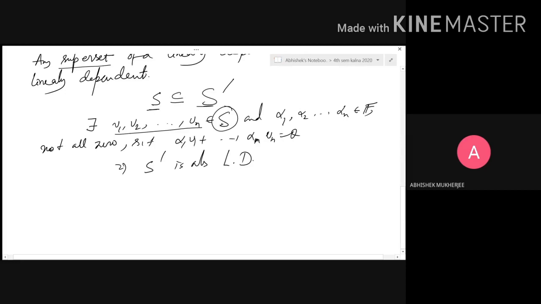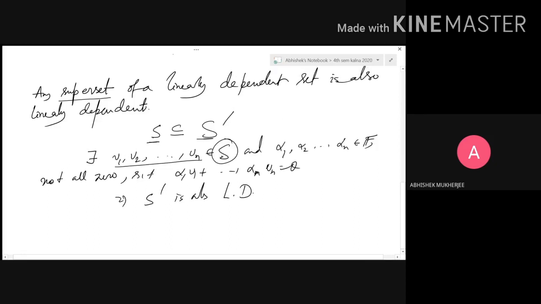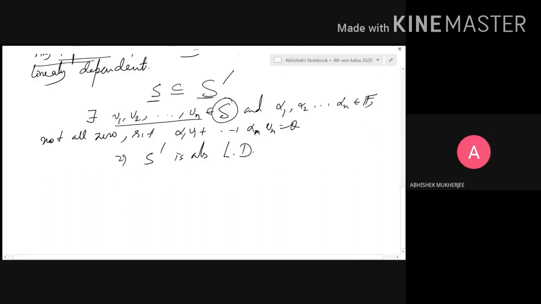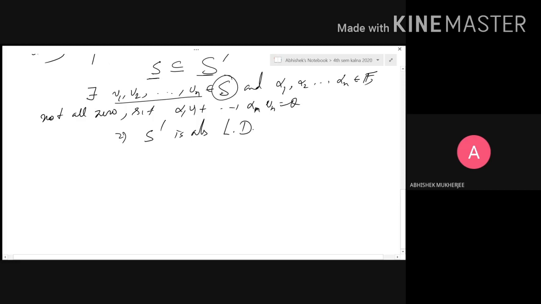And as a consequence of this observation, we can show that any subset of a linearly independent set must be linearly independent. That is the converse with respect to this observation.